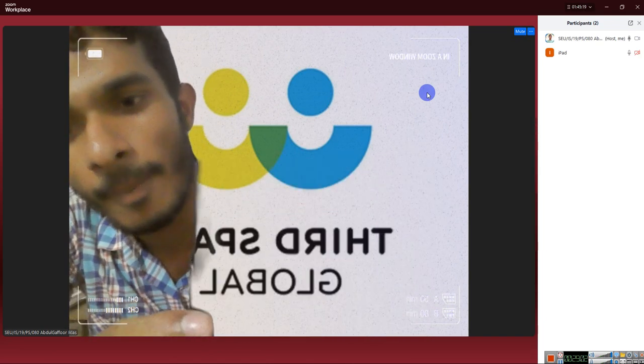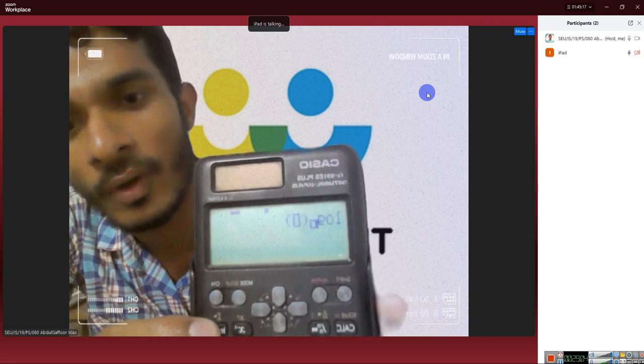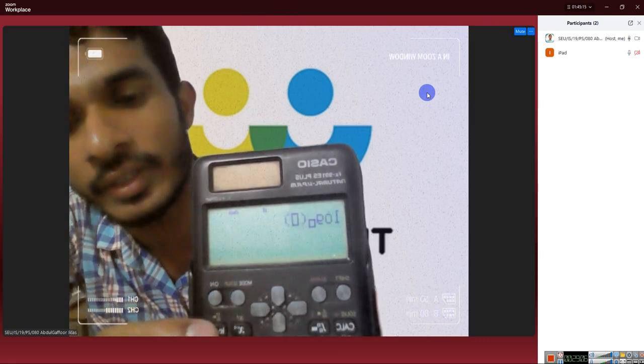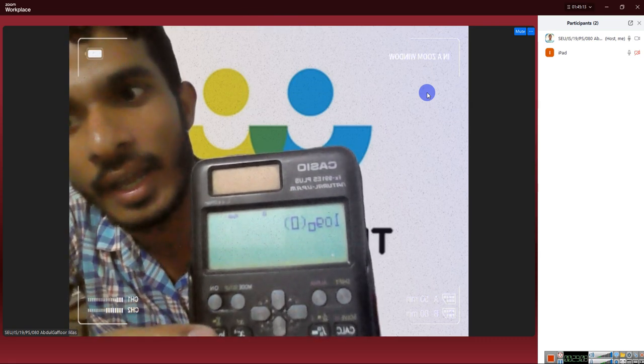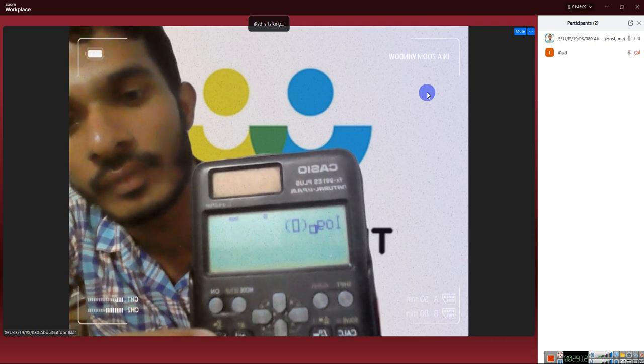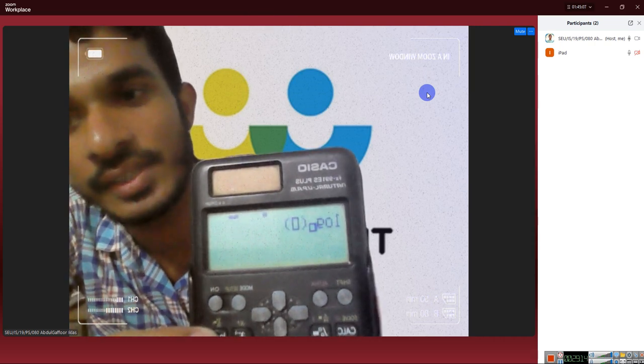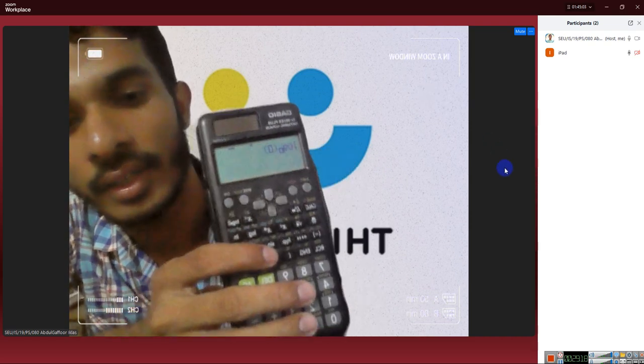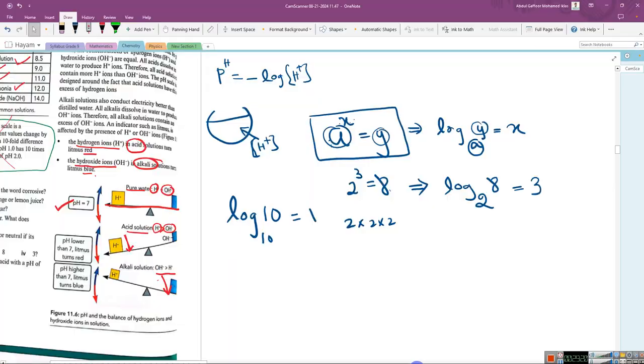When I press log, just log is coming, nothing else. Can you see it?